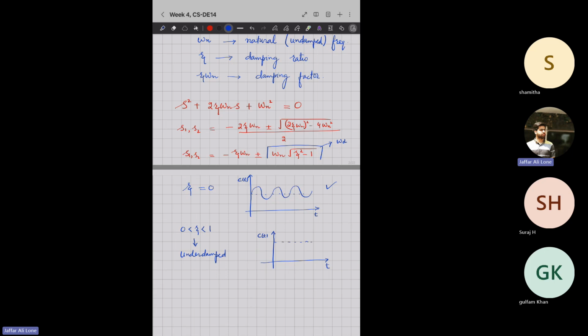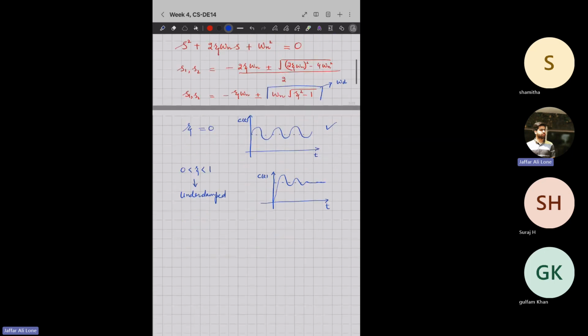Let's assume this is the final value. With time, the response will decay. So this is an underdamped system, for which the value of zeta lies between 0 and 1.